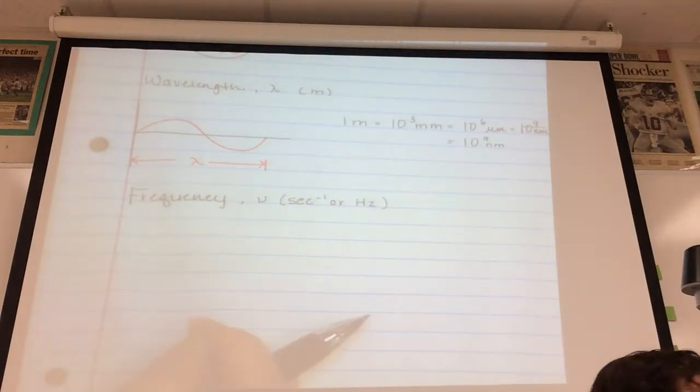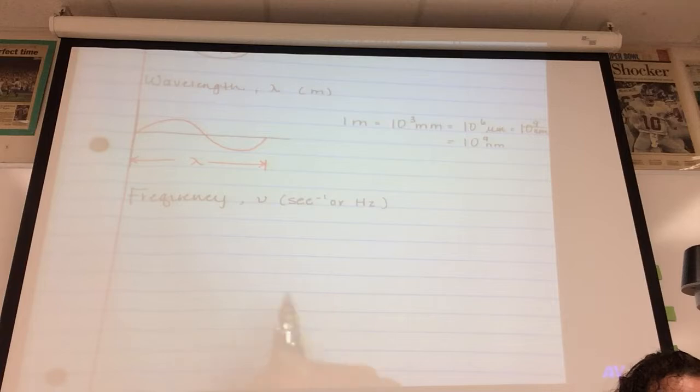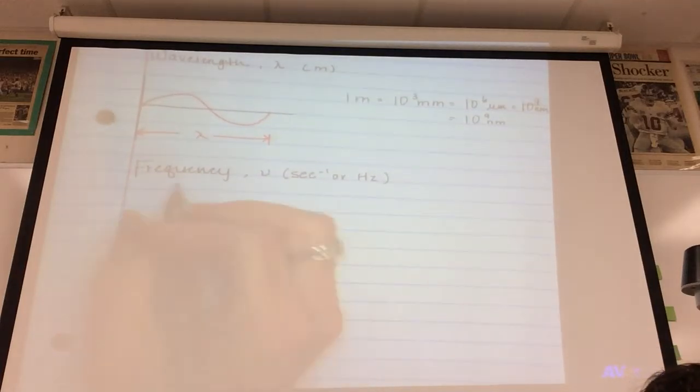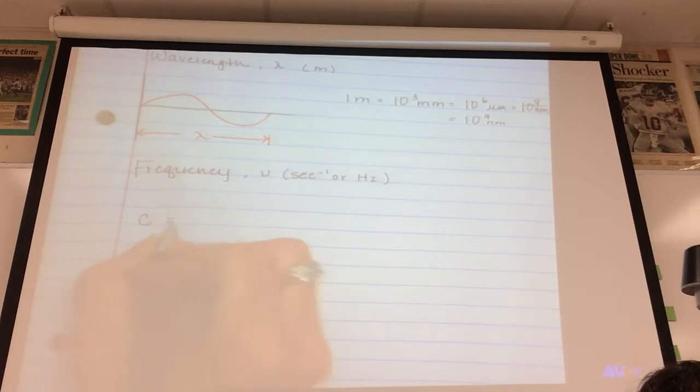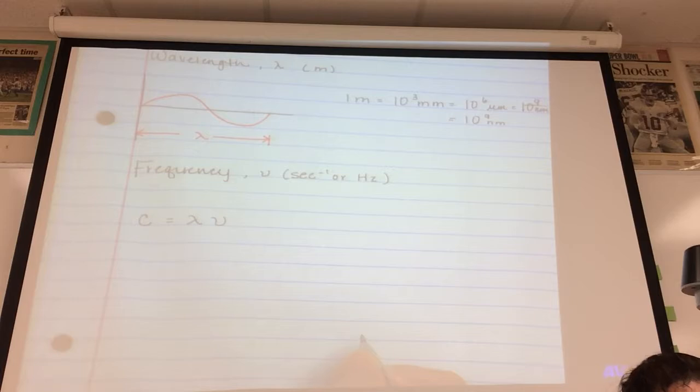The amplitude is the height of the wave, and you may or may not remember that the speed of light, a constant, is equal to the wavelength times the frequency. Wavelength and frequency are inversely related. As one goes up, the other goes down.